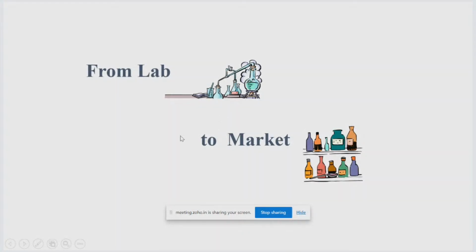If something is available in the market, we need to understand its history. As I said in my previous slide, they are scientific experiments. When you were in your graduation or post-graduation, you must have done a few lab experiments. So the journey of clinical trials, medicine or diagnosis begins at the lab.